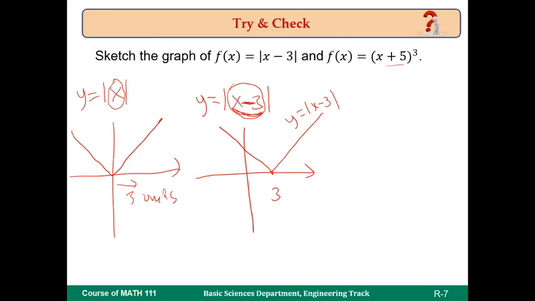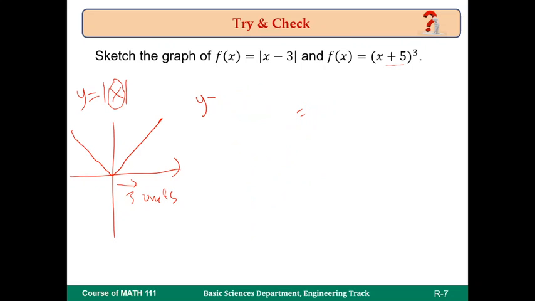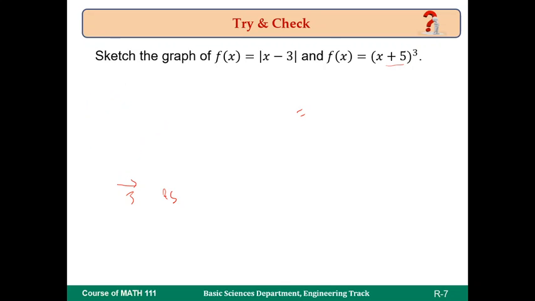Now, in the same way, we can look at this function here, x plus 5 cubed. Now, first, is there a basic function we can use here? So this is cube, and there's plus 5 here, so it seems we can use the x cubed function, and now x is replaced by x plus 5.